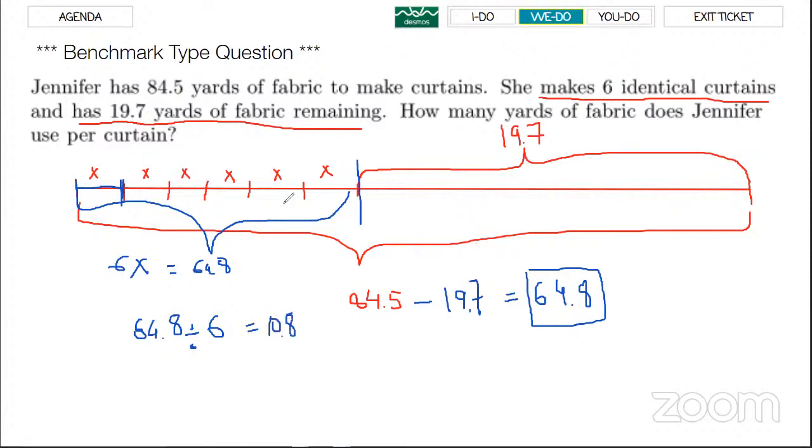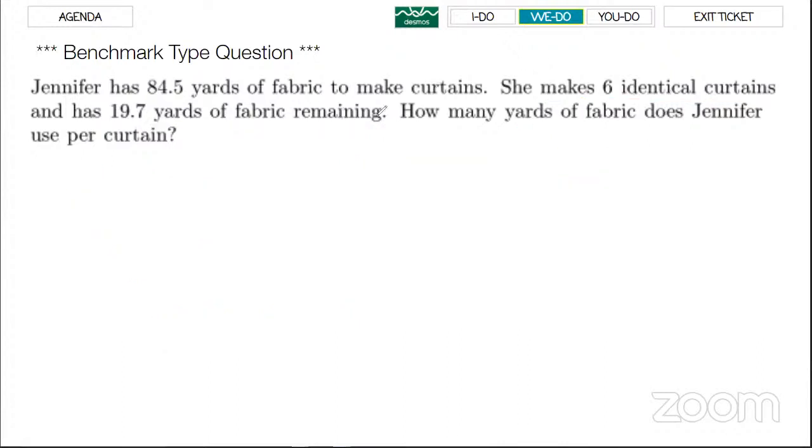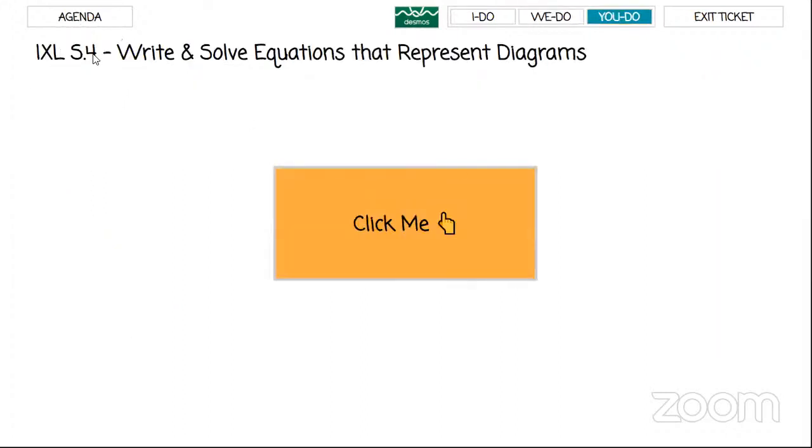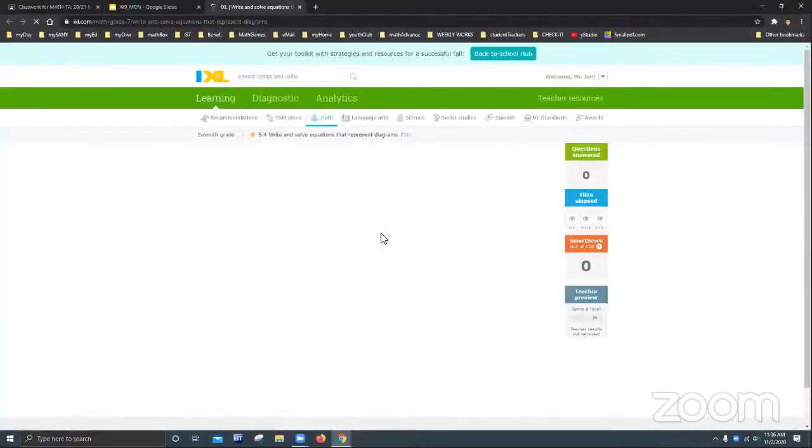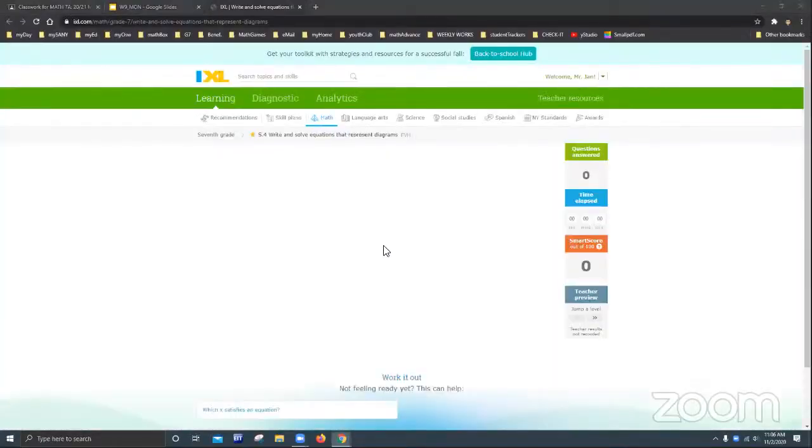So today's lesson is actually creating equations using this model, whether you call it a tape diagram, tiles, or these kinds of lines. On today's assignment on IXL, let me clear this out. It's S4, and it's using those models to come up with an equation. Look at this.